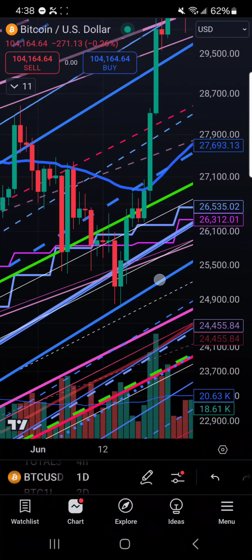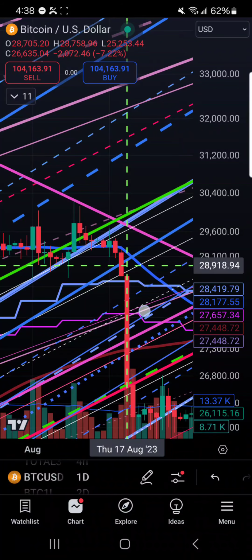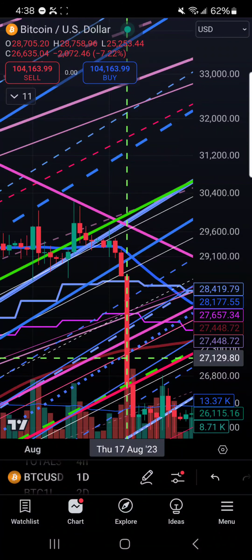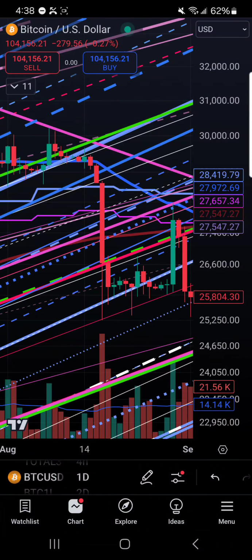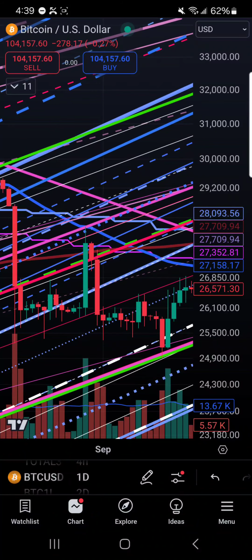Then we rallied up again, and in August of 2023, it was when we lost this trend line that we dumped back down. We had a huge crash downwards. But I knew that we were simply trading in another blue channel below that initial one.